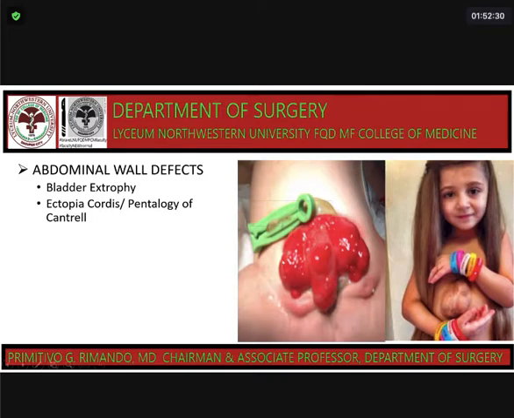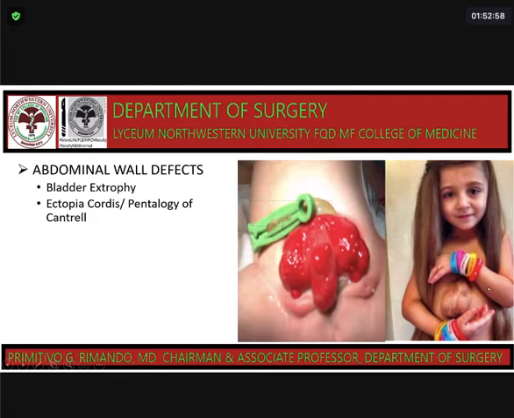This is the right half of the bladder, this is the left half of the bladder, and in between is intestinal tissue. So this is a complicated abdominal wall defect called your bladder exstrophy, or your distal midline syndrome.